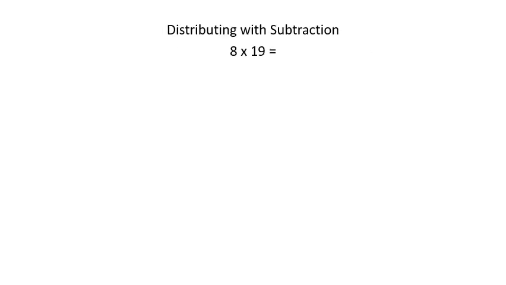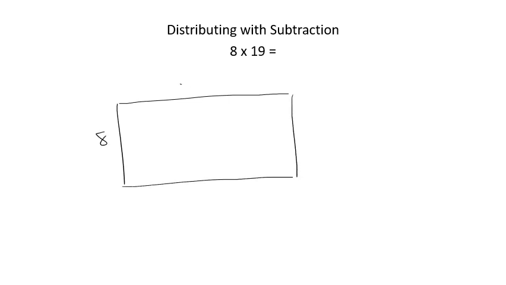So let's look at a problem where we use the distributive property to solve a problem involving subtraction. So suppose we're doing 8 times 19, and this sort of overlaps with our mental math section that's coming up in section 4.5. So if we think about what 8 times 19 looks like, we could think of this as 8 times 20 minus 1.